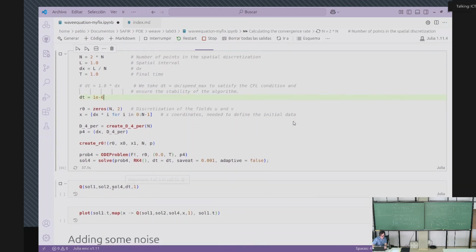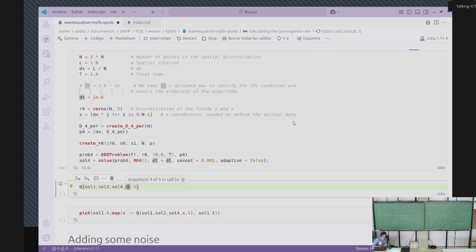What we're going to do is calculate the q value just after doing 1 delta t, and then calculate the q value again for several values of t, right?